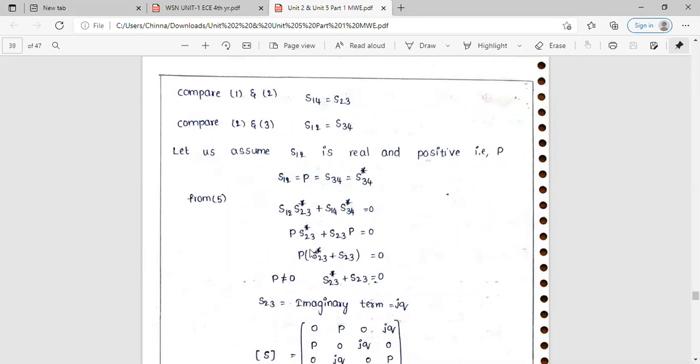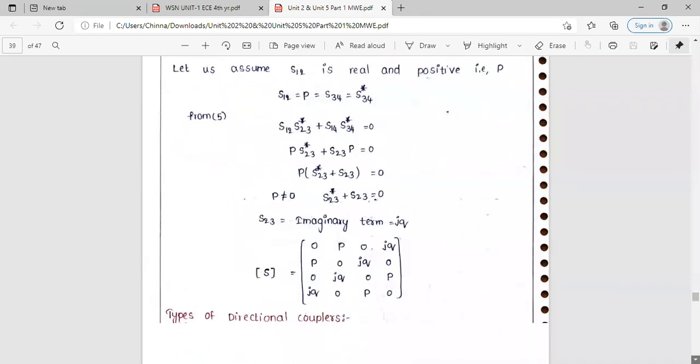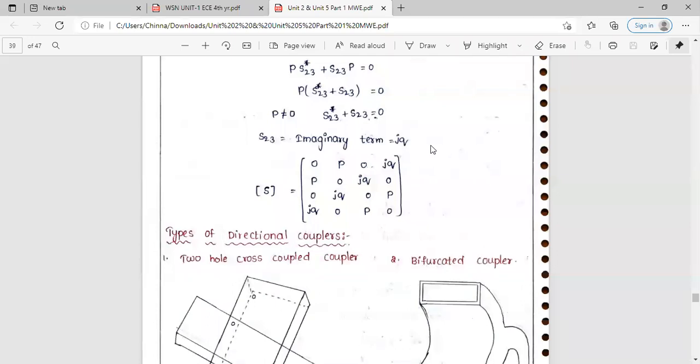P is not equal to 0 because it is a real and positive value. Finally we can obtain that S23 conjugate plus S23 is equal to 0. So S23 is an imaginary term, and we can write S23 is equal to JQ.